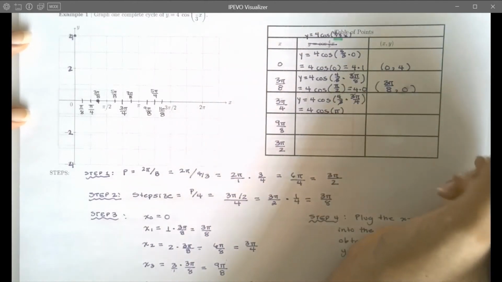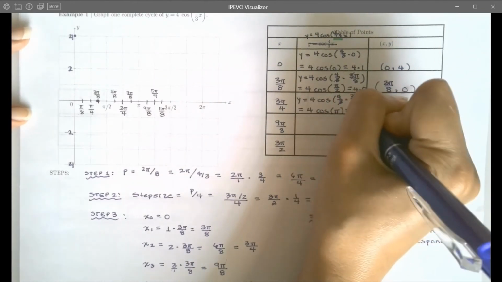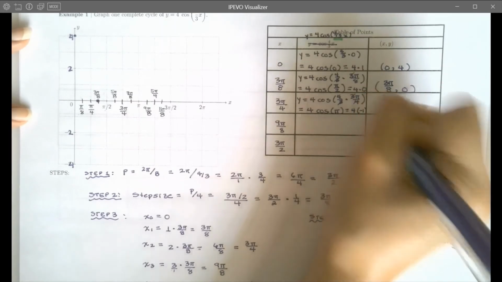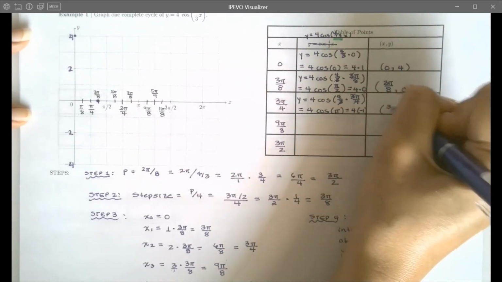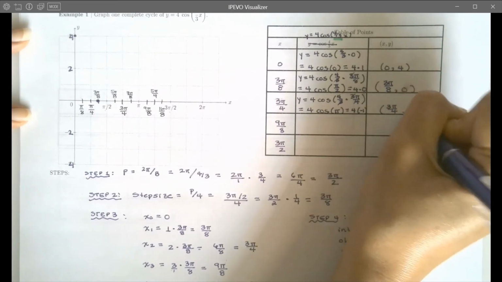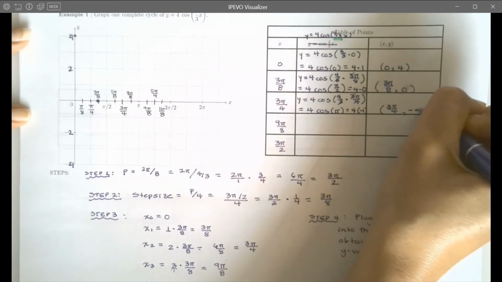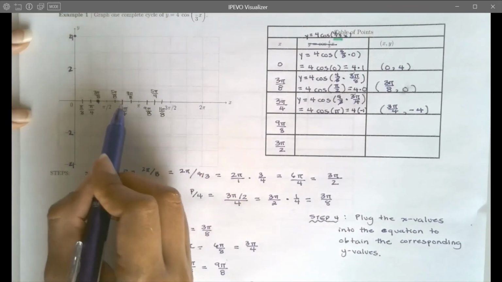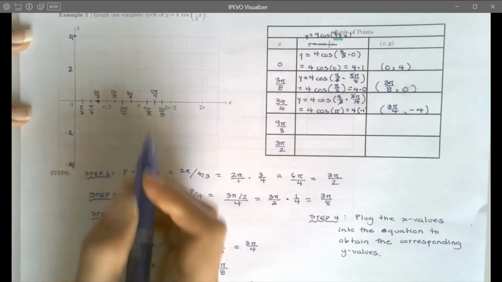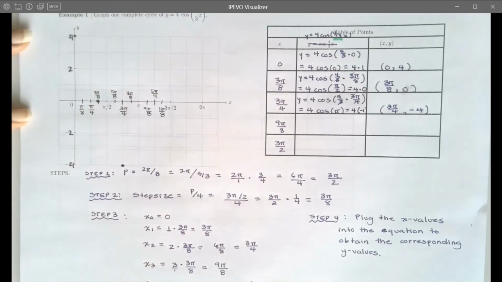Now cosine of pi is -1, so we have 4 times -1, which gives us -4. So the point that we're looking at is 3 pi over 4, comma -4. Okay, so 3 pi over 4 is here, -4 is down here. That means that that is our point.